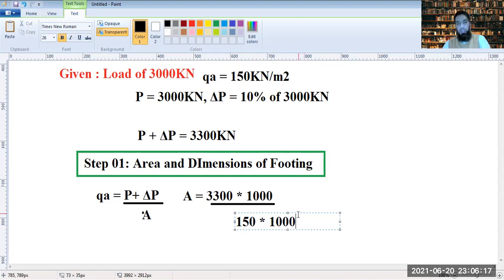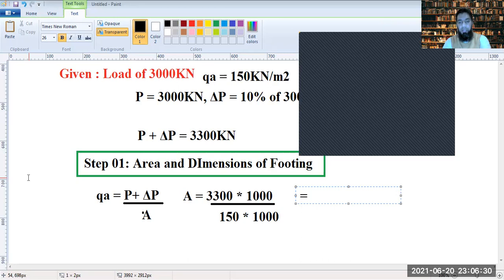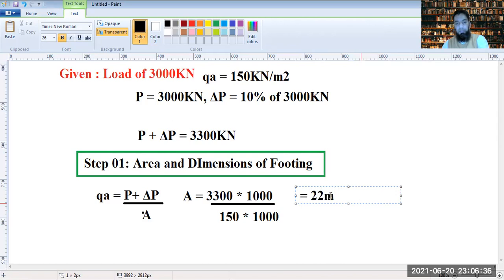So the area that we are getting is how much? 3300 divided by 150, that's 22 meters square. This is the base area that's required, 22 meters square.